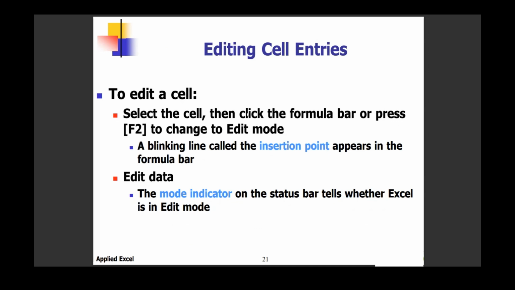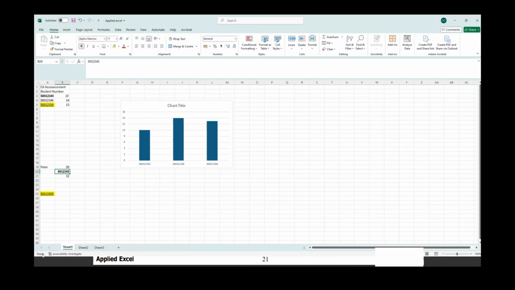So when you are working with Excel, we have different modes for you to edit the information you have in the cell. Just like I said, towards the lower left corner, you see the mode. When a cell is active, you have the ready mode. When you want to edit the data in that particular cell, once you double click on it, the ready mode changes into the edit mode.